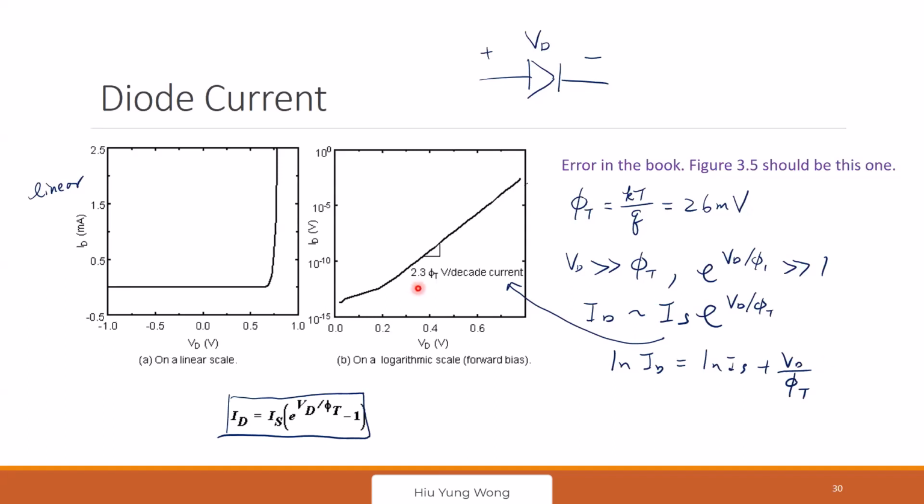And the slope is 1 over phi t. This is the so-called 60 millivolt per decade, but I won't go into the details. Basically, we need to have a deeper understanding of the diode. If you put it in the log scale, it's just a straight line.